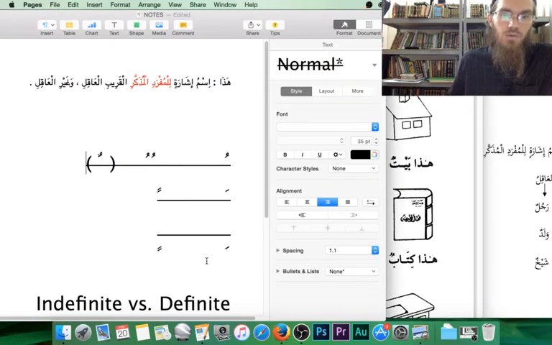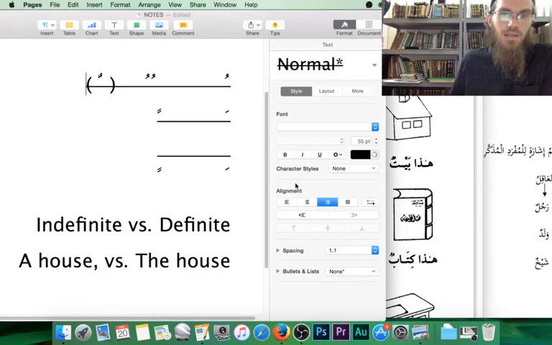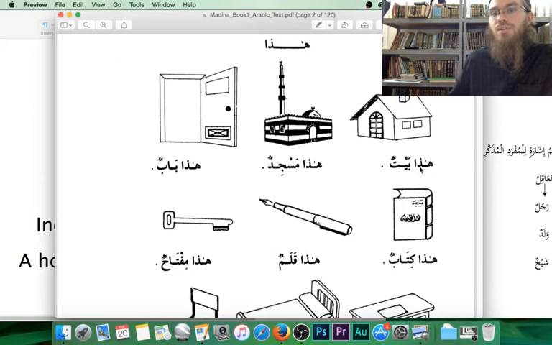And what this indicates in the Arabic language is that each one of these words are indefinite. So there's a difference between something being indefinite and something being definite. Indefinite meaning that it doesn't refer to something definite, for example, hadha baytun, this is a house.